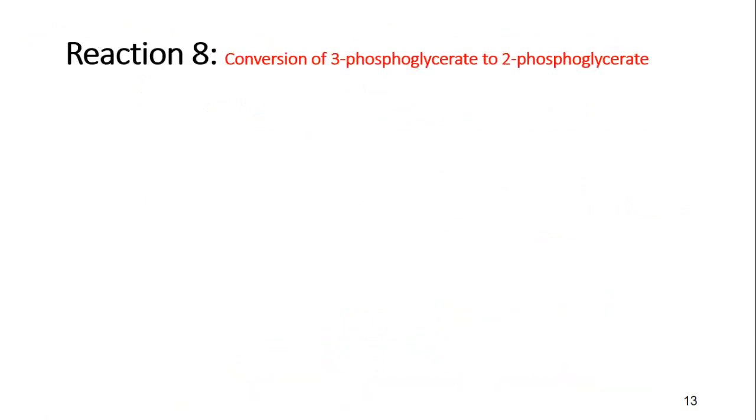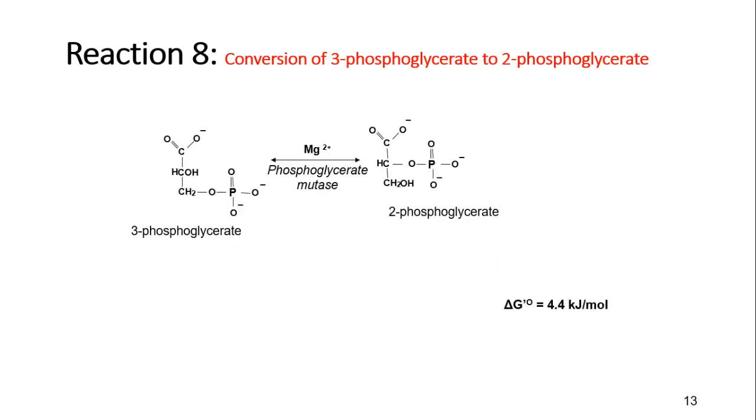So 3-phosphoglycerate is now being converted to 2-phosphoglycerate, and this reaction takes place by the presence of phosphoglycerate mutase.